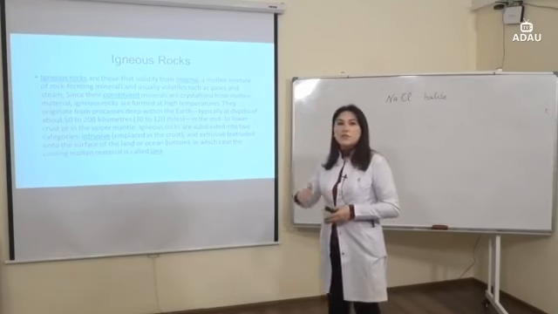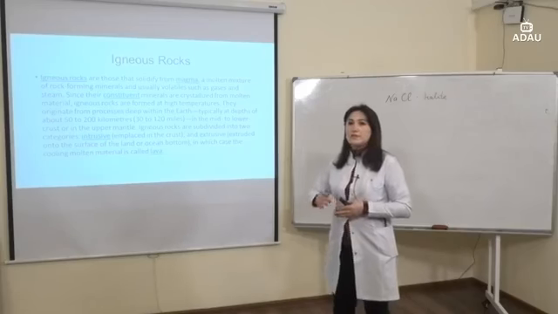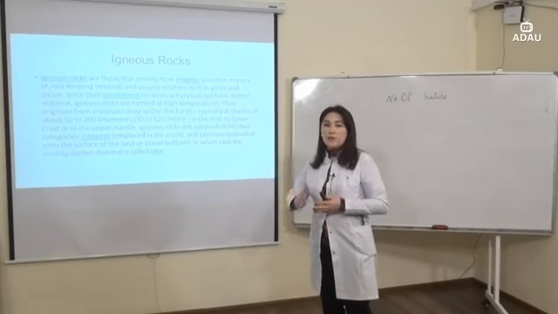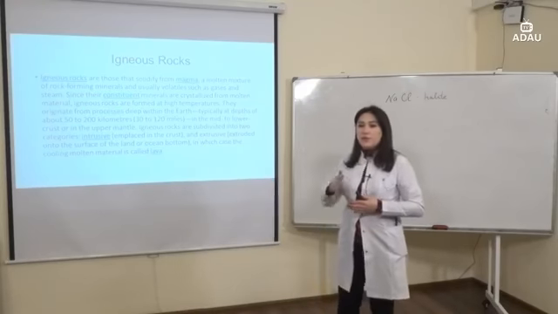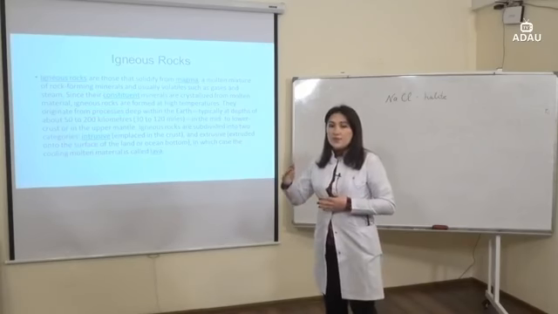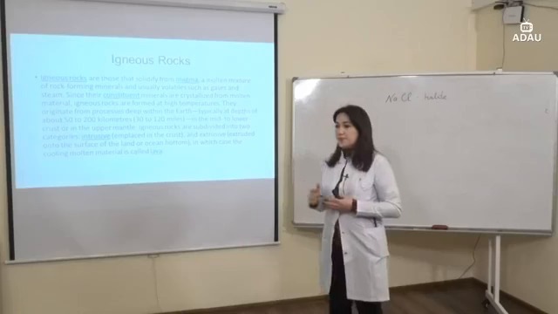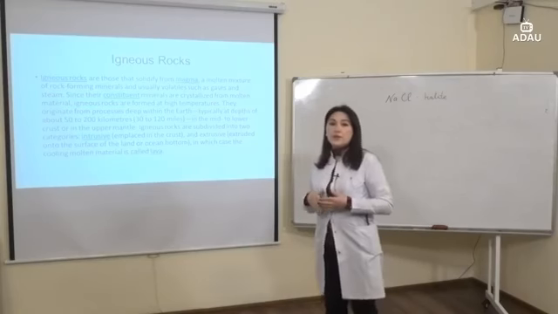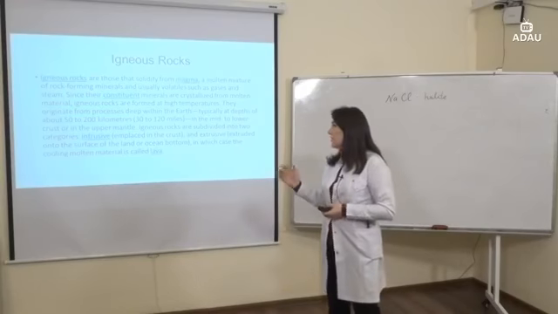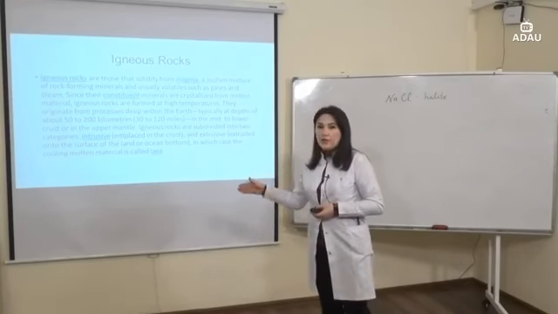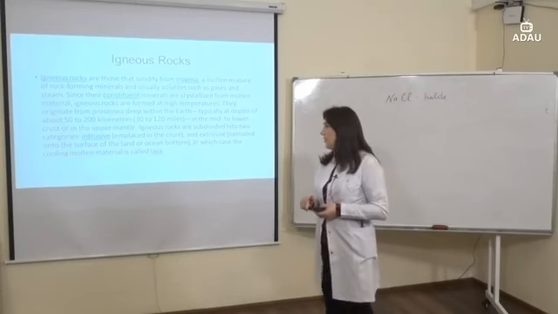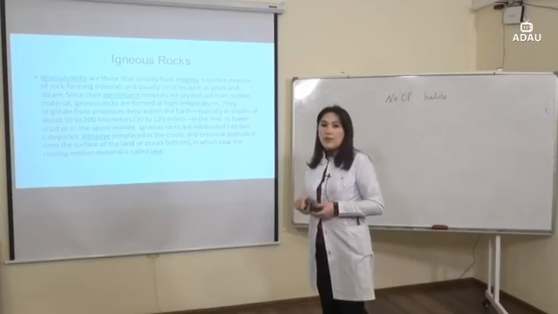From the terms, we understand that extrusive rocks are the solidification of lava. When a volcano erupts on the Earth's surface, the temperature is lower than beneath the Earth's surface. Extrusive rocks are the solidification of lava. Intrusive rocks are the solidification of molten magma.